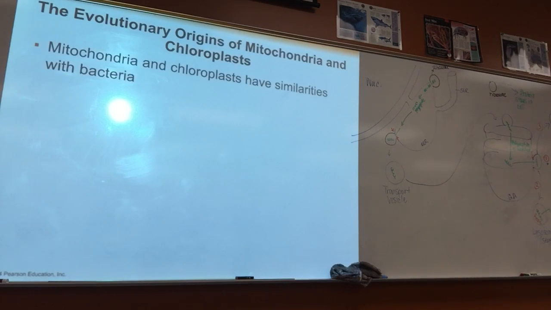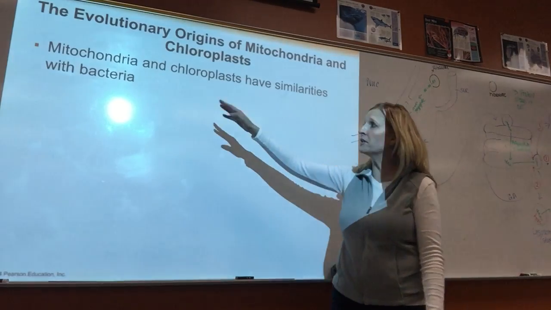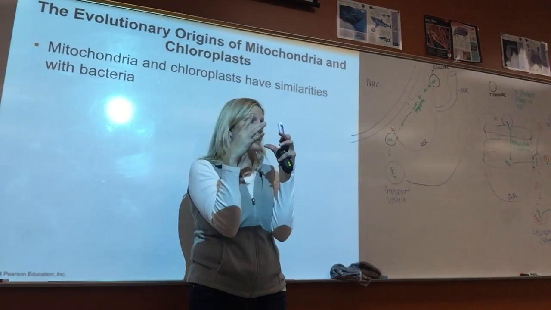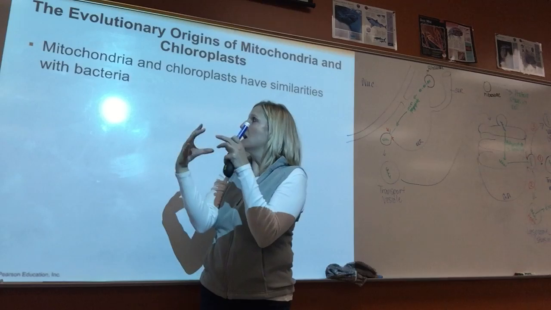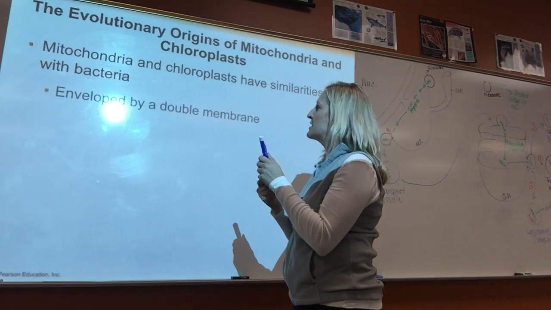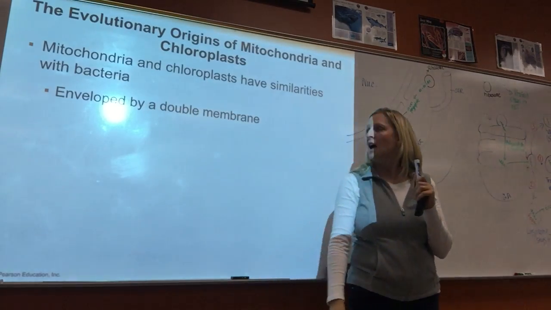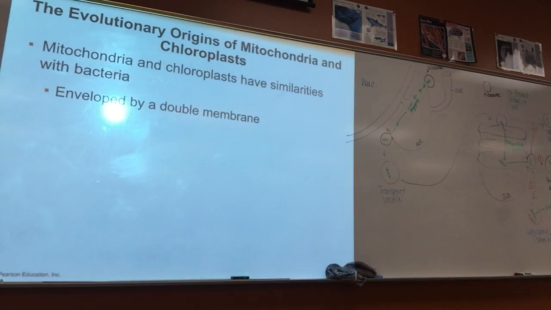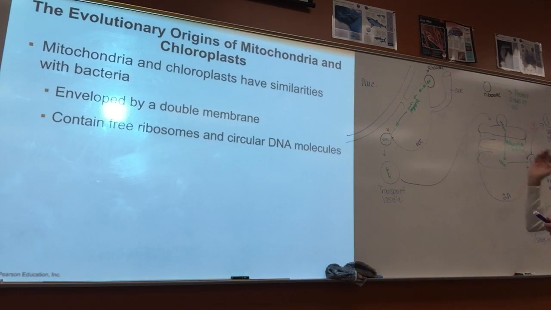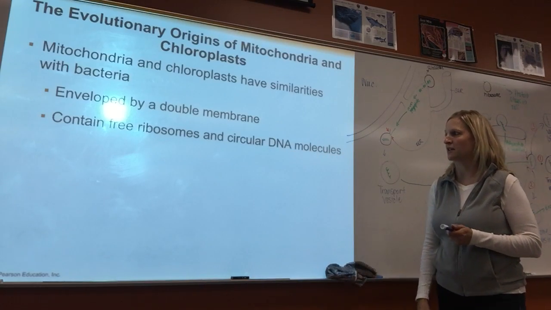So mitochondria and chloroplasts actually have similarities with bacteria. So bacteria are considered their own organism, right? They're prokaryotic cells, they're free living, and the similarities are that mitochondria, chloroplasts, and bacteria have a double membrane that they're surrounded by. All of them do. They contain free ribosomes and, as we said, circular DNA molecules.